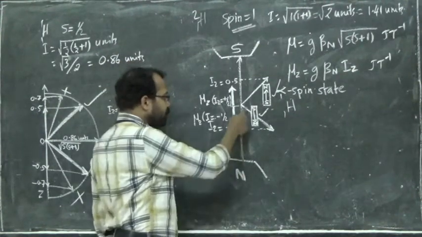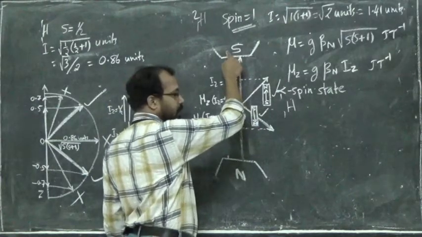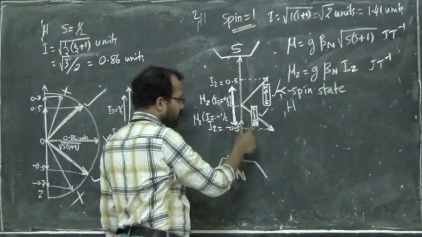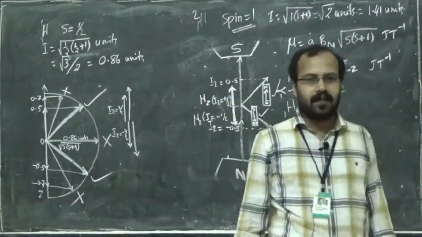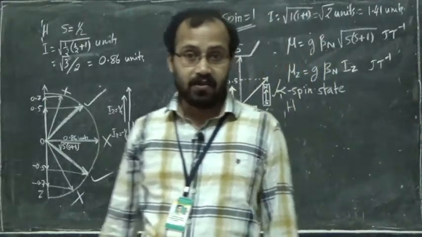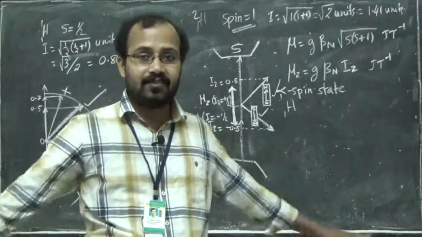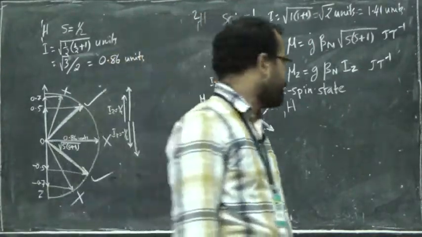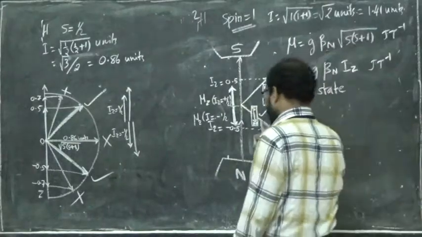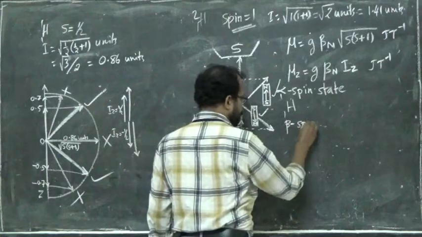The south pole of the tiny bar magnet is near the south pole of the external magnet, and the north pole of the tiny bar magnet is near the north pole of the external magnet. South pole doesn't like south pole and north pole doesn't like north pole. It's a high energy situation, an unstable situation. So the second one is a high energy situation, and this high energy situation is called the beta spin state.